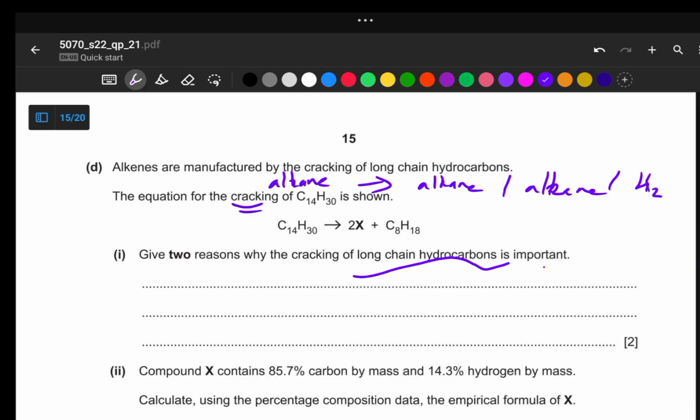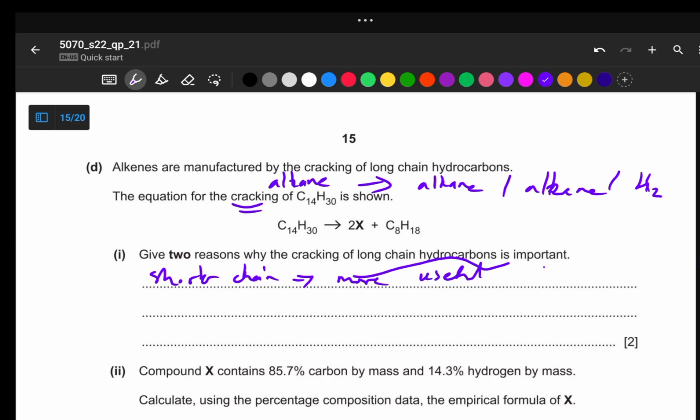So give 2 reasons why cracking of long hydrocarbon chains is important. The importance of cracking: we want to break the large molecular sized alkanes into smaller chains which are more useful, right? So the shorter chains, or the smaller alkanes, are more useful.